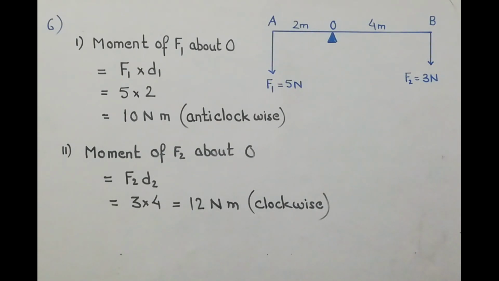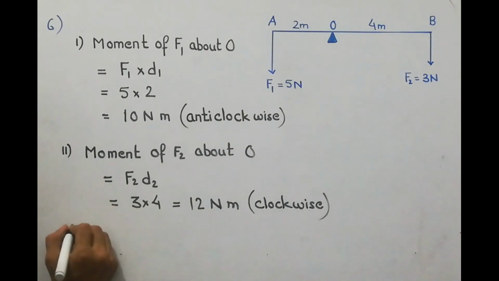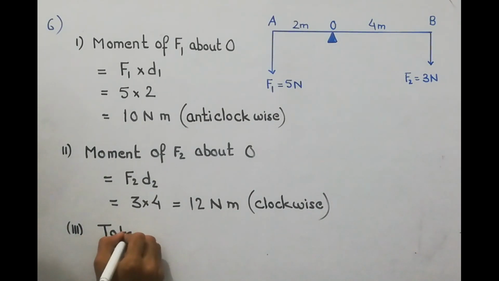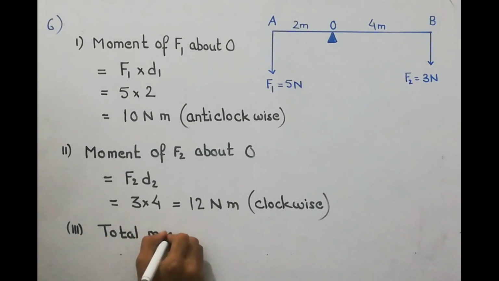Now the total moment. Now if the two moments were in the same direction, we would have added them, but you can see they are not in the same direction, so that means they will be subtracted. So from the bigger one you will be subtracting the smaller one, and the resultant will get the direction of the bigger one. So the total moment, or you can say resultant.